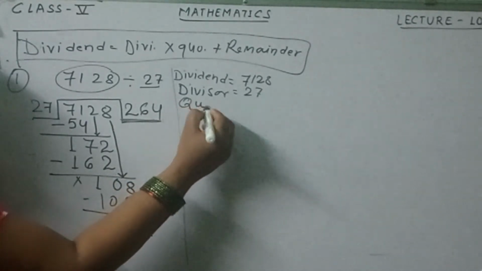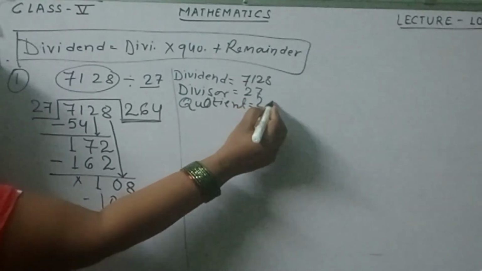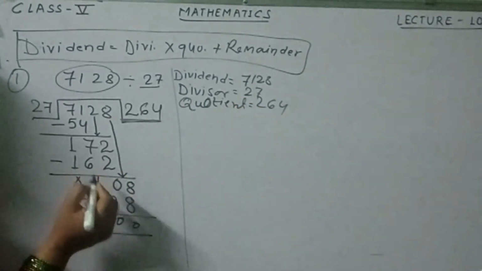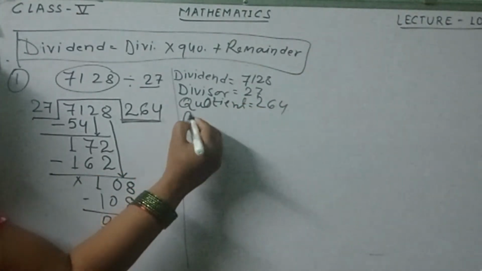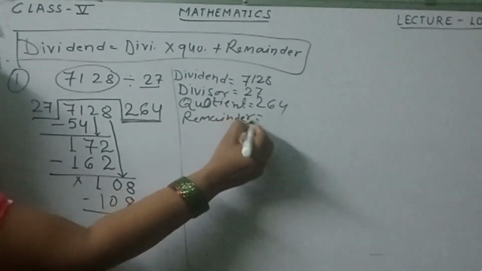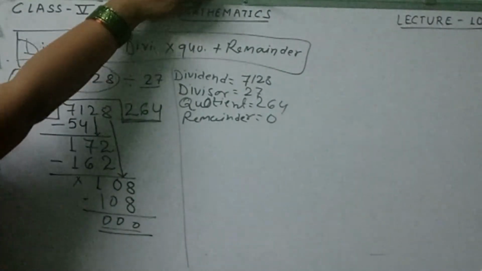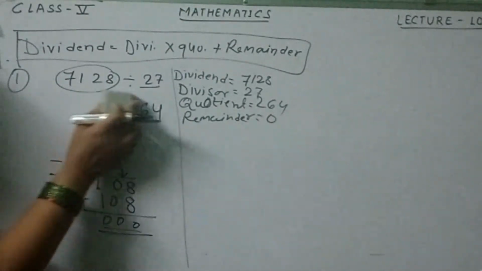Quotient is 264. And what is the remainder? Remainder is 0.